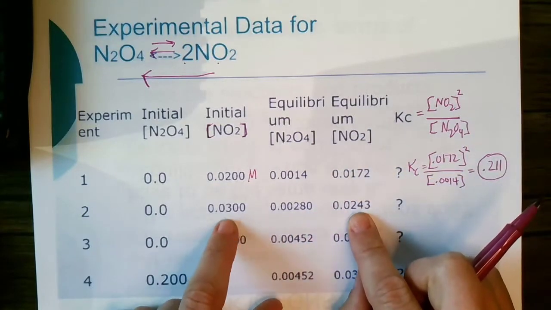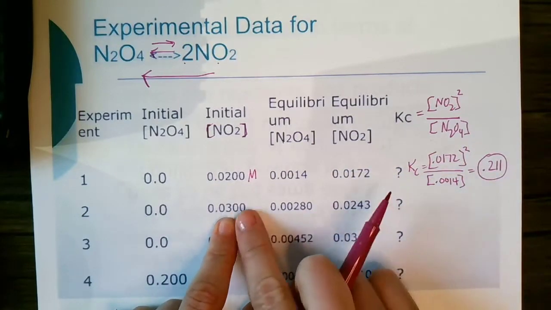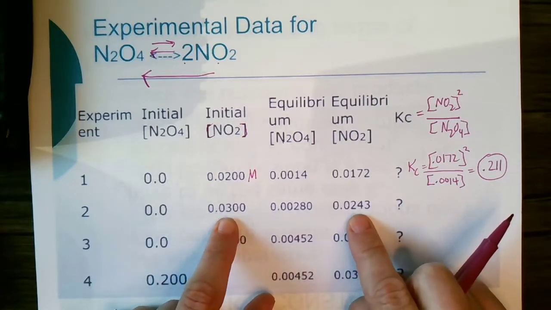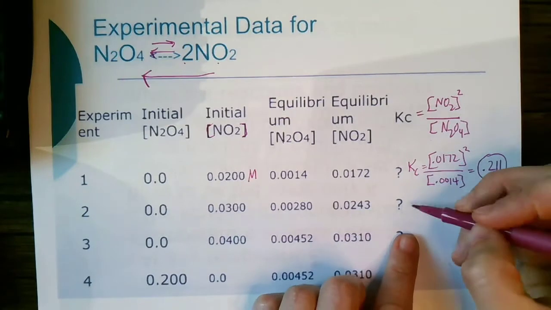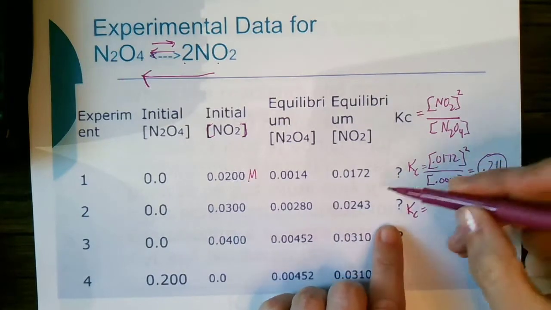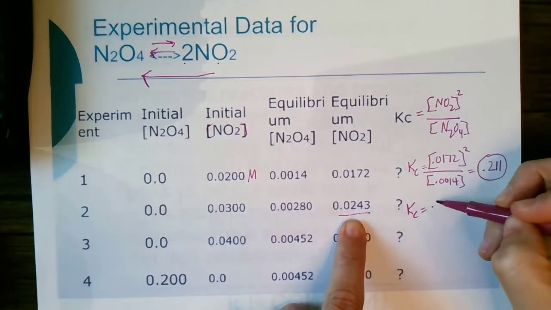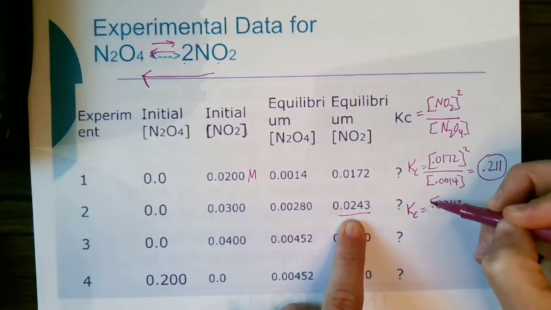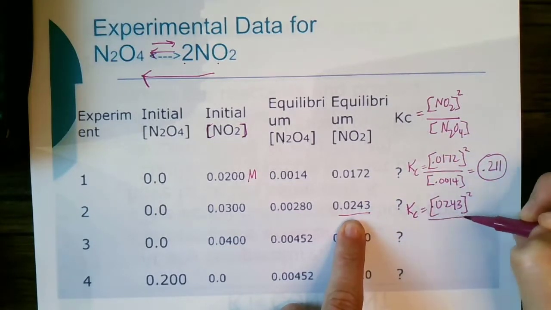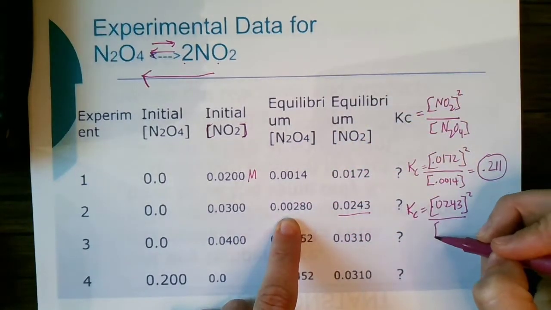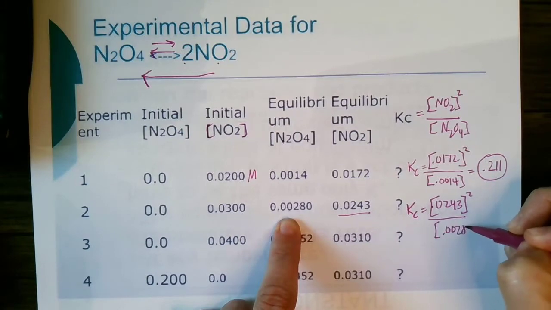And I also consumed my NO2 in equilibrium, so it went from 0.03 to 0.0243. Okay, let's use that same equilibrium constant and do our products, which is our NO2. So we're going to take 0.0243, square it over our equilibrium concentration of N2O4, 0.00280.